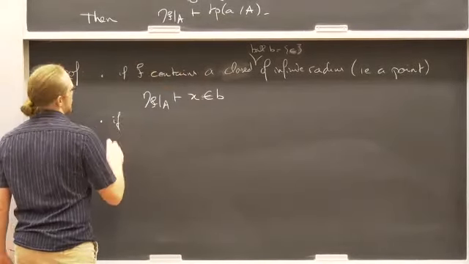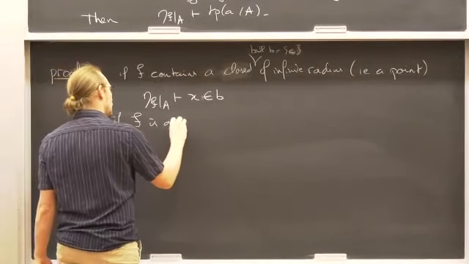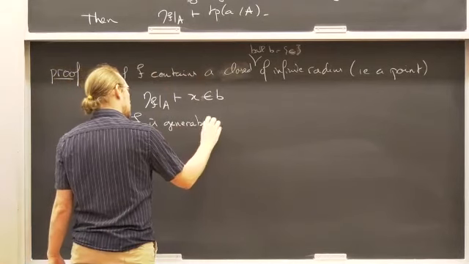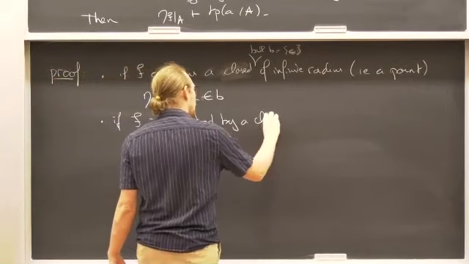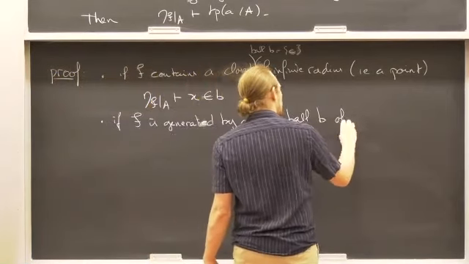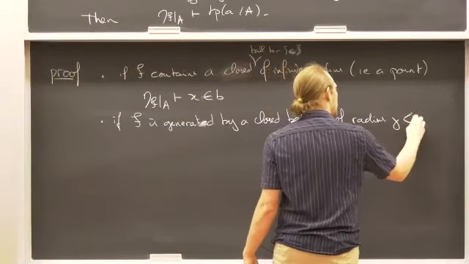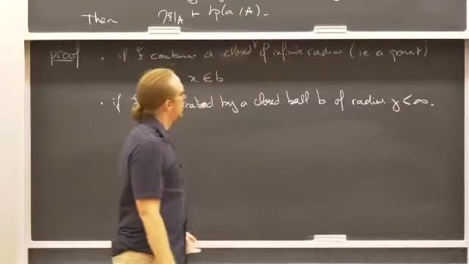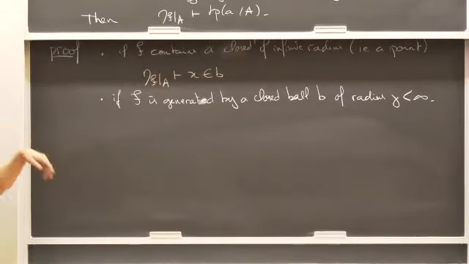The interesting cases start now. So now if F is generated by a closed ball B of non-infinite radius gamma, strictly smaller than infinity, then we're going to see a residual extension appear.